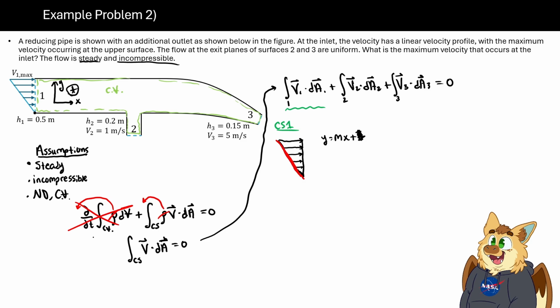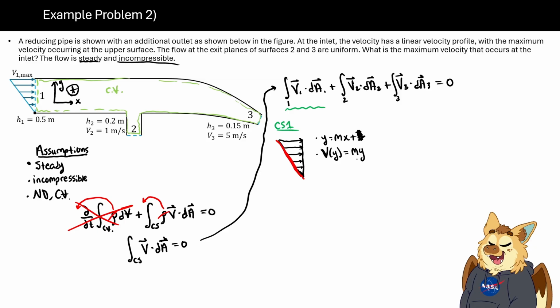If we substitute in this relationship, our velocity is going to be a function of y, and that's equal to our slope times y. Basically the same equation, but we're just substituting in our values.